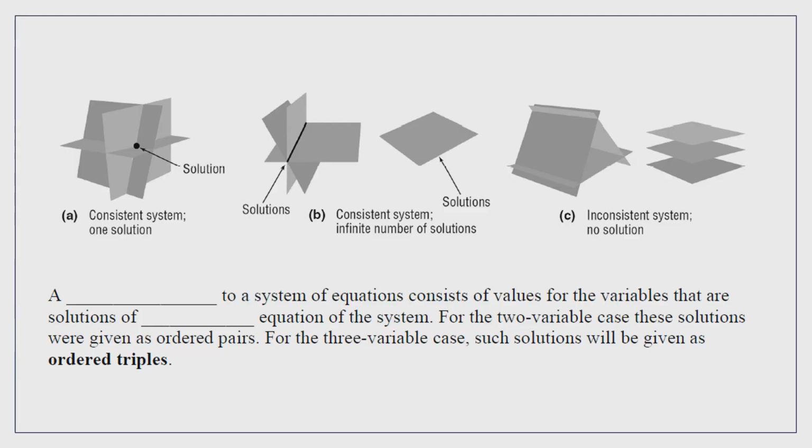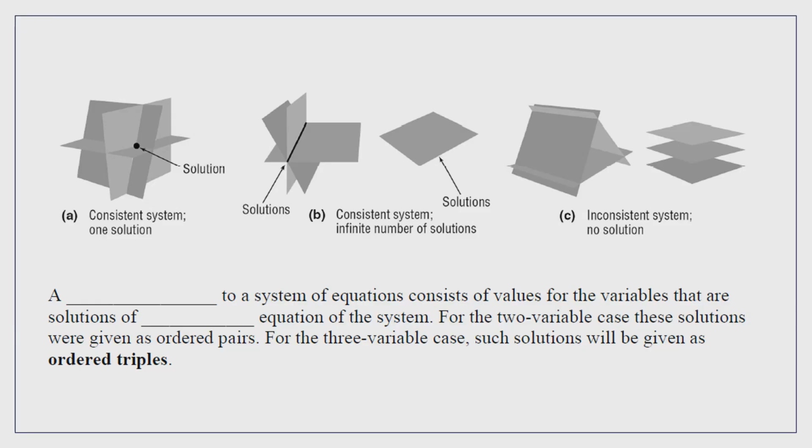Or we could have 3 equations that represent 3 planes that are actually the same equation. And for C, we could have an inconsistent system where we have no solution, where all 3 planes are parallel to each other, meaning there's no intersection, or all 3 pairs don't share one exact intersection line or solution.